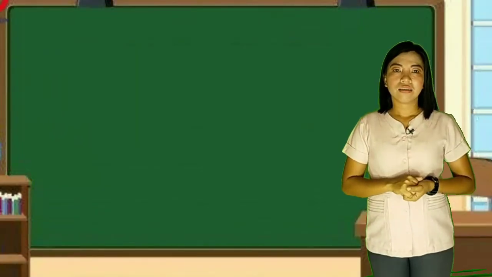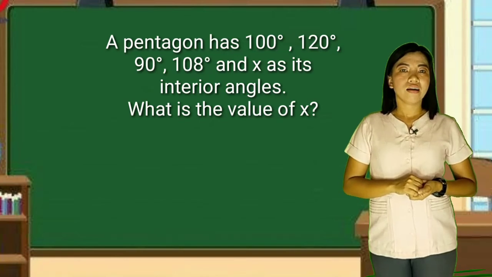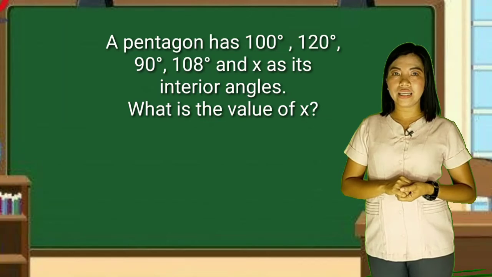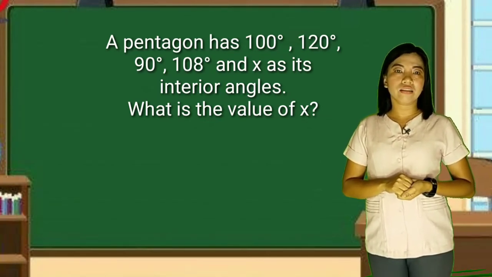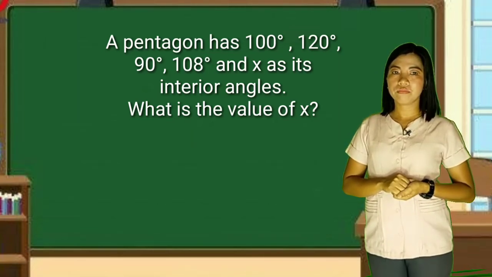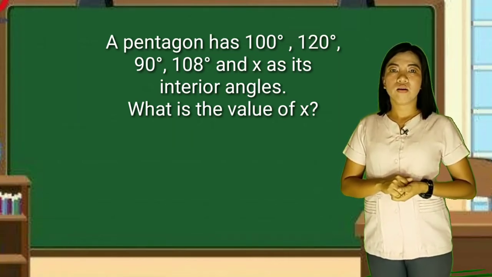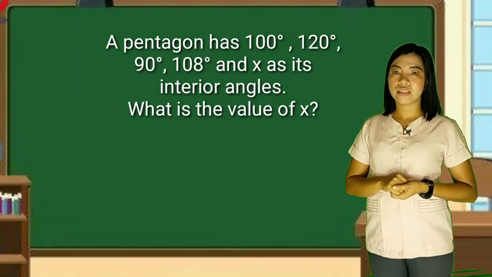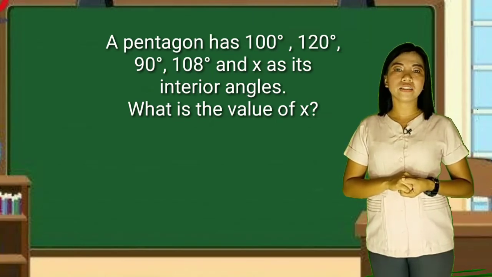The last problem. A pentagon has 100 degrees, 120 degrees, 90 degrees, 108 degrees, and x degrees as its interior angles. What is the value of x? I repeat, a pentagon has 100 degrees, 120 degrees, 90 degrees, 108 degrees, and x as its interior angles. What is the value of x?